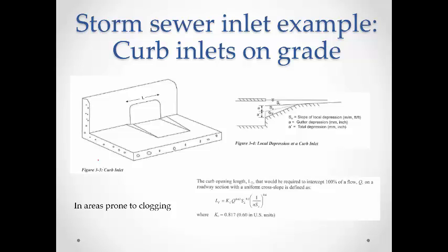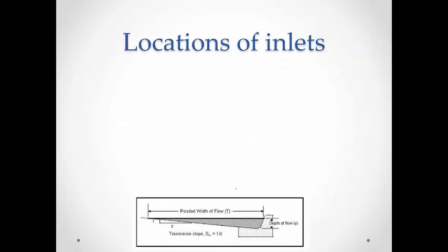As I mentioned earlier, I am not presenting this with the purpose of going through the design equations, but I just want you to see examples of design equations that you would use, and this is specifically for TxDOT structures, and then you're required to intercept 100% of the flow. What is important is that you know what each variable is, and depending on the type of inlet structure, you'll have to look at your drawings and see what is what for those.